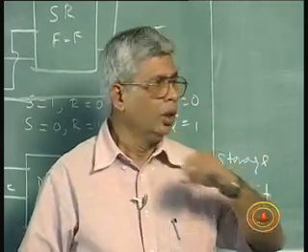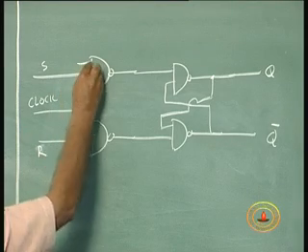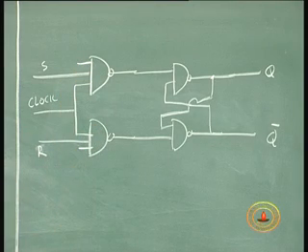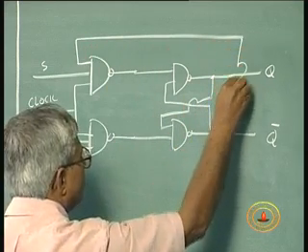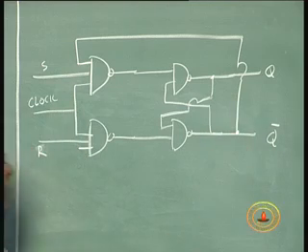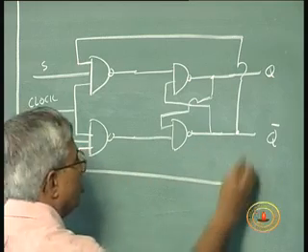Now I am trying to make this into a 3 input NAND gate. I am going to connect the output of this into this, I mean this input to this output and this input to that.